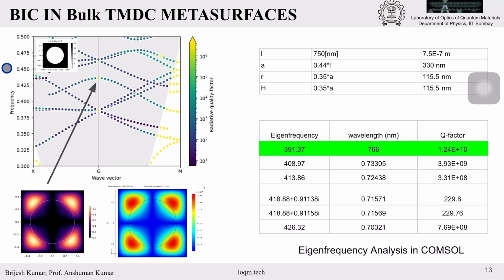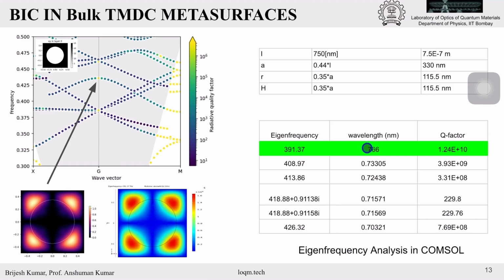First we optimized the parameters in Legume, which gives a normalized frequency on this axis, which is a by lambda. So we can calculate according to our need of spectrum peak. Let's say we want 750, then the periodicity a can be calculated as 0.44 multiplied by this lambda. We gave these parameters to COMSOL, and we got a similar electric field profile for the eigenfrequency mode at 766 nanometers.